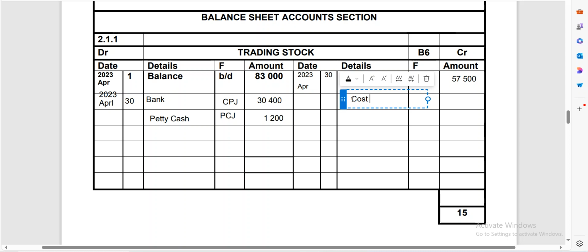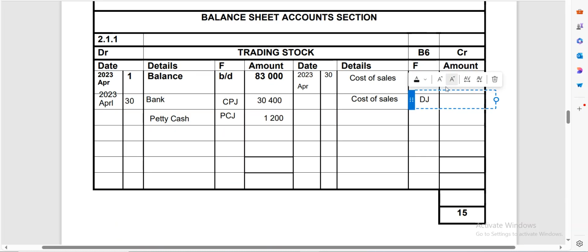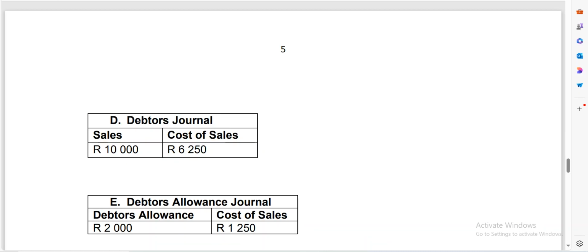Cost of sales, and the cost of sales that we have is from the DJ this time. So the amount that we have according to here is 6,250. So that 6,250 will come here, and then from there we go to the next one.